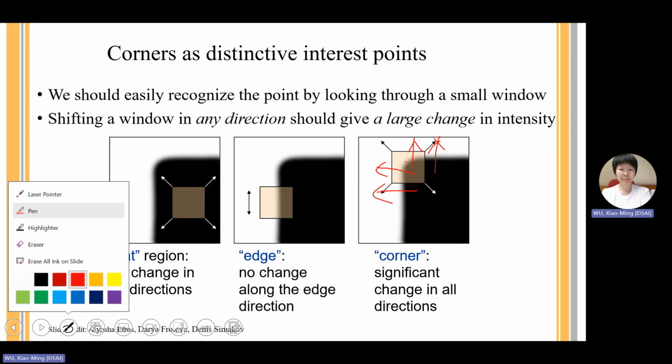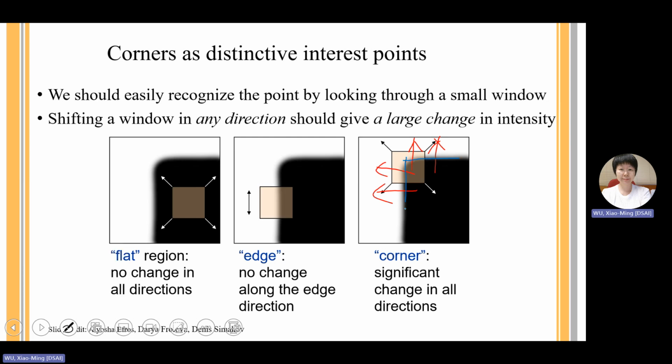Well, you may observe that when Ix are non-zero, what about the corresponding Iy? For example, for these two points, their x derivatives are non-zero. However, their y derivatives are 0. And similarly, for those two points, their y derivatives are non-zero, but their x derivatives are 0.